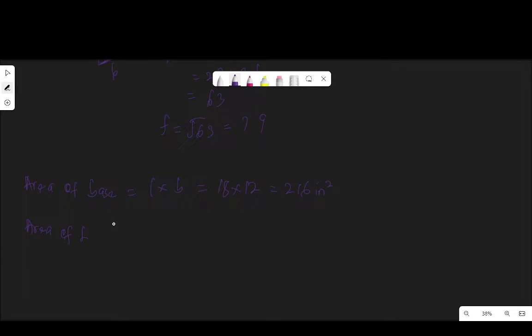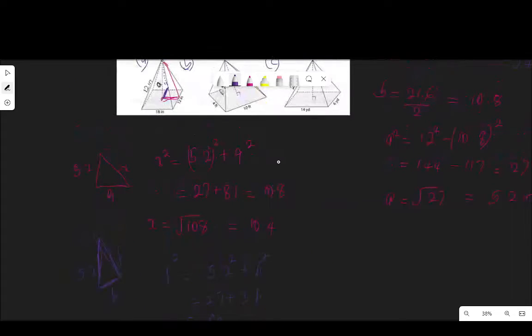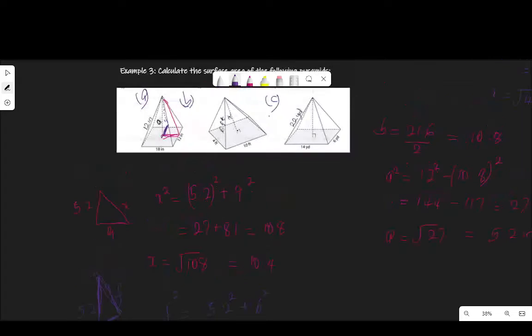Now area of left and right triangular faces is 2 times half times base times height. These two can cancel each other. The base of the left and right triangles is 12 inches. Their height is what I calculated somewhere here, which is x, 10.4.